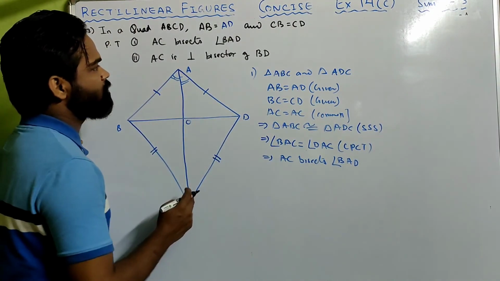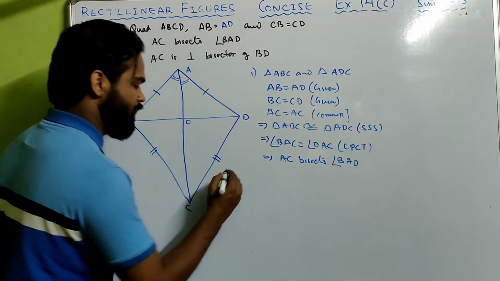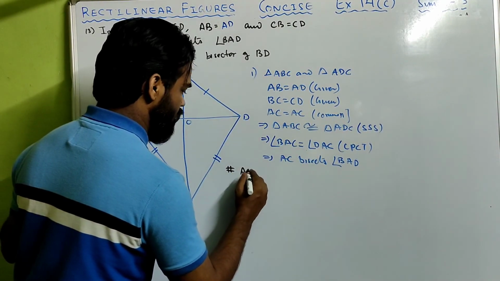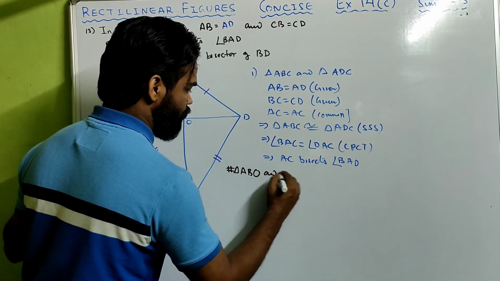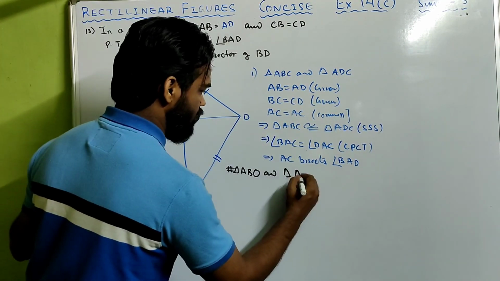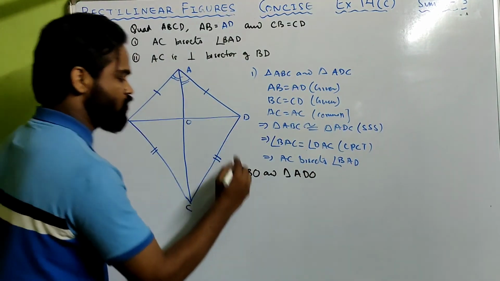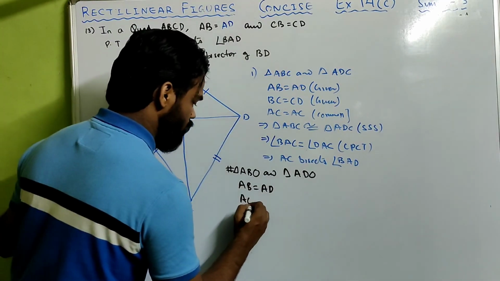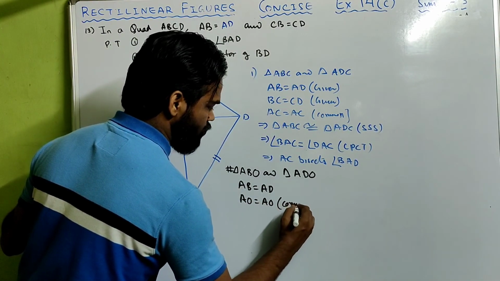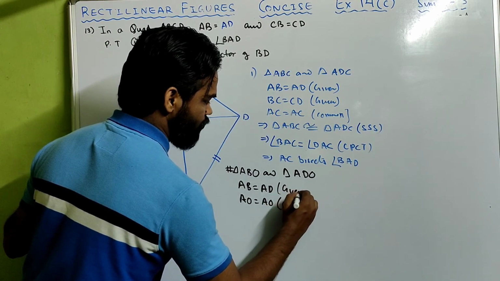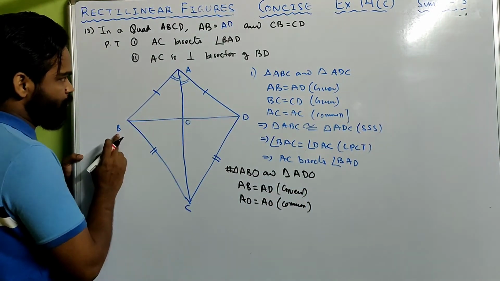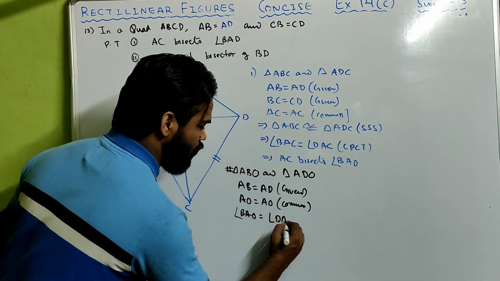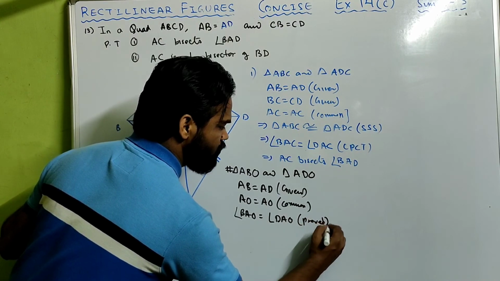Now, AC is perpendicular bisector of BD. Pretty easy, just look over here again. Look at triangle ABO and triangle ADO. AB equals AD, again congruency, given. AO equals AO, that's common. Angle BAO is equal to angle DAO, proved, just now we have proved this.